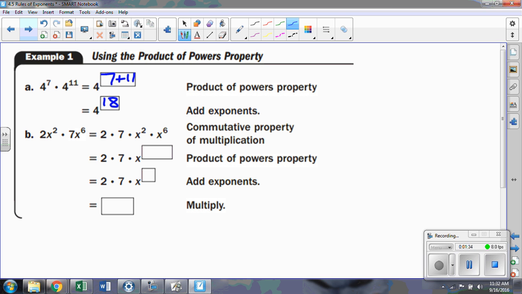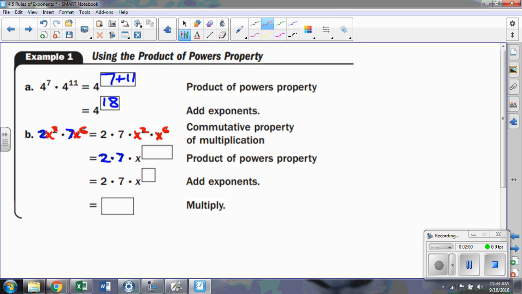Moving on, where we start having some variables. 2 x squared times 7 x to the 6th. We'll just do the multiplication: 2 times 7, numbers with numbers, and variables go with variables. X squared times x to the 6th.